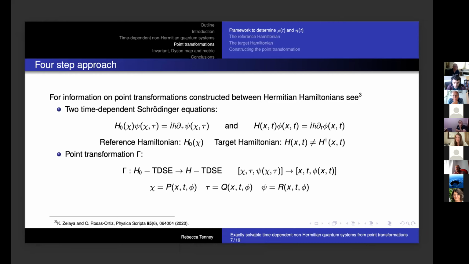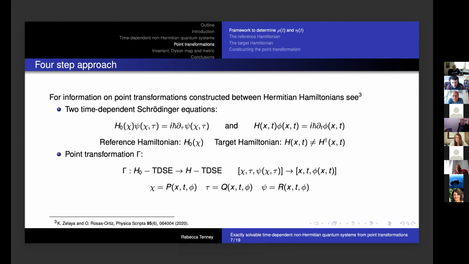It's fixed by the condition that the Schrödinger equation goes to the Schrödinger equation. But you can look for a transformation that fixes the time, so tau is equal to t, so the way of measuring time is the same in both systems.